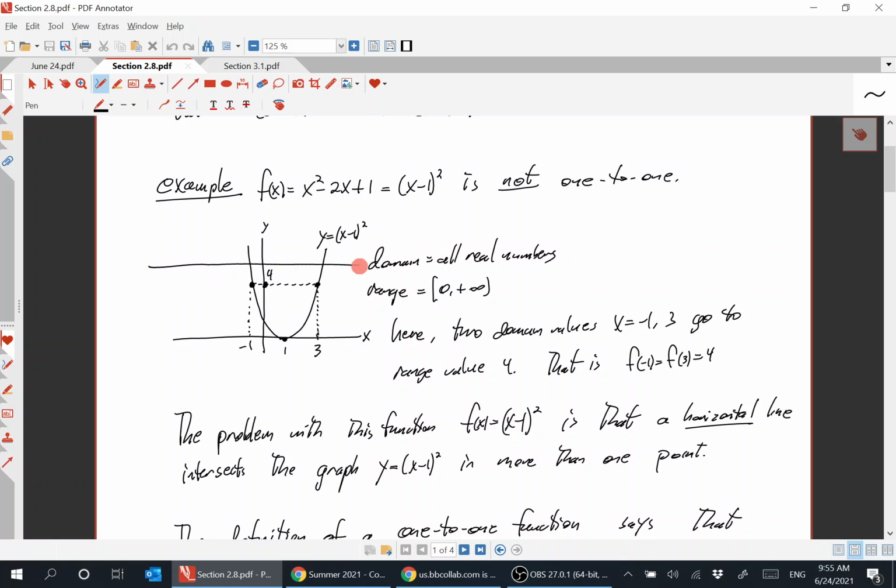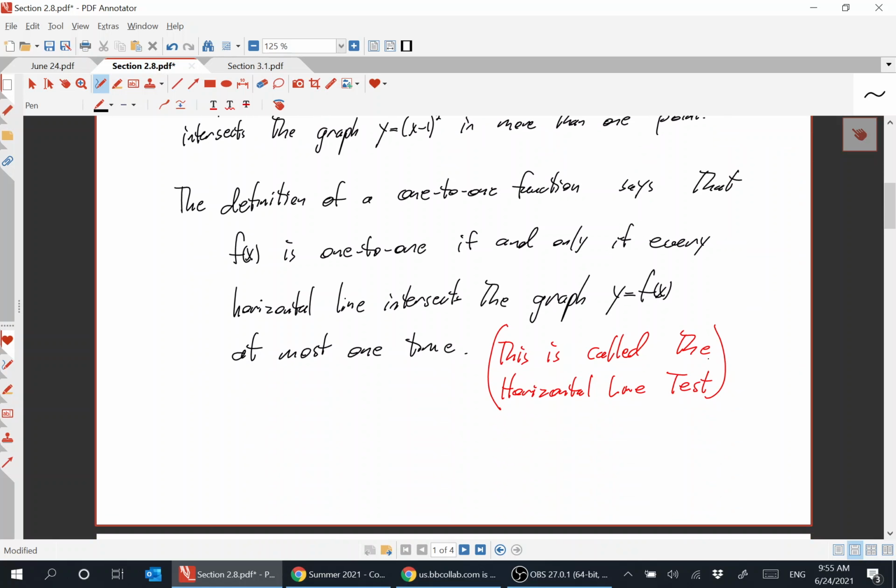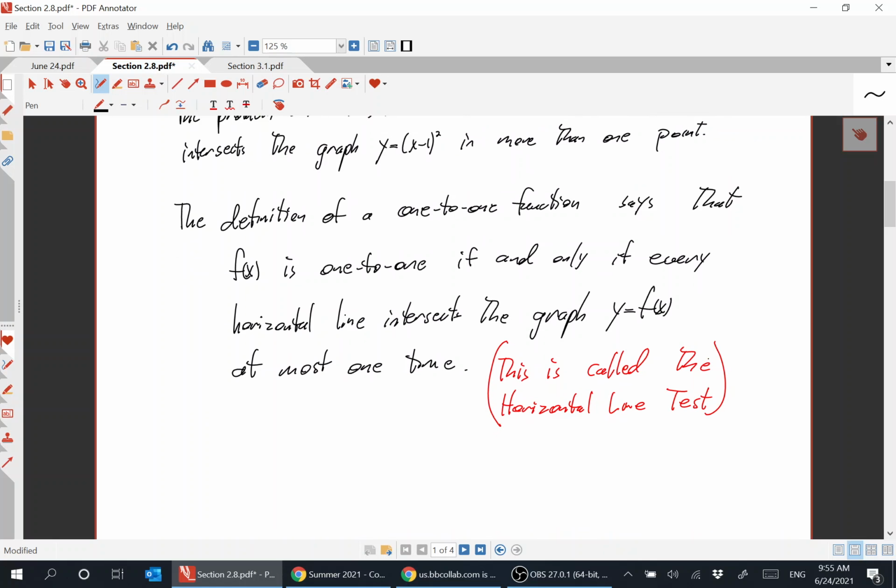Essentially what the problem is, you've got horizontal lines crossing the graph of the function more than once. The horizontal lines correspond to range values, so there's the range value y equal to 4. And the intersection points tell you which domain values go to those range values. Okay, so the graph of a one-to-one function is said to pass the horizontal line test.